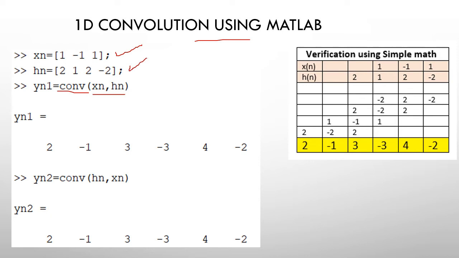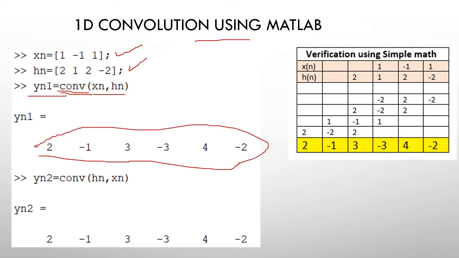You will get y of n as the output, and you can see there are 6 samples, L plus M minus 1. Convolution is also commutative, so if I exchange h of n and x of n, you still get the same result, as shown here. So conv is the function you can directly use in Matlab to verify this.